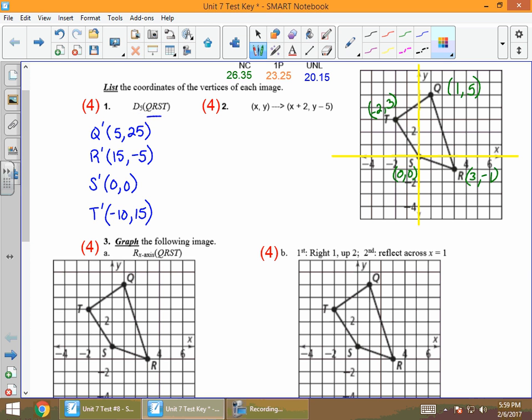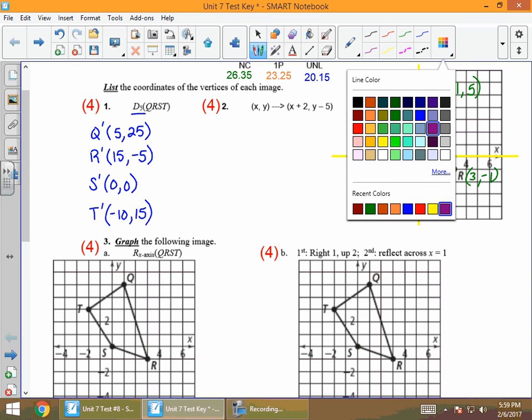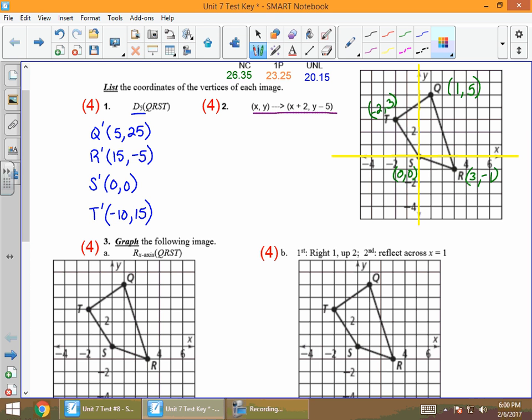All right, as I take a look at question number 2. Question number 2 says that I want to add 2 to my x value and then subtract 5 from my y value. So again, Q, R, S, T. And I am going to go through and add 2 to all of my x values.